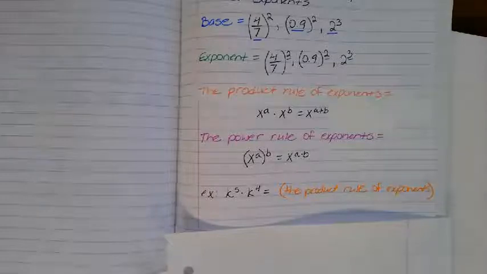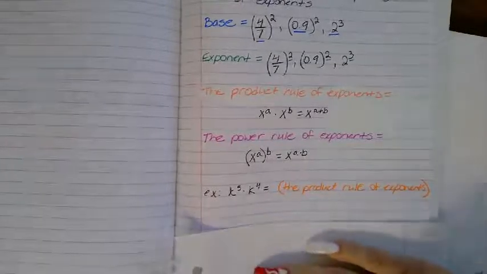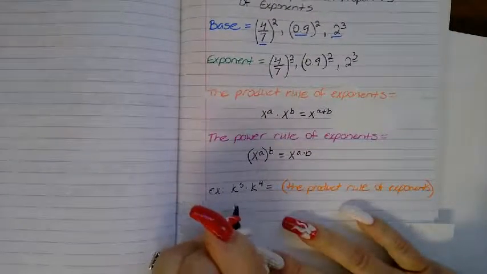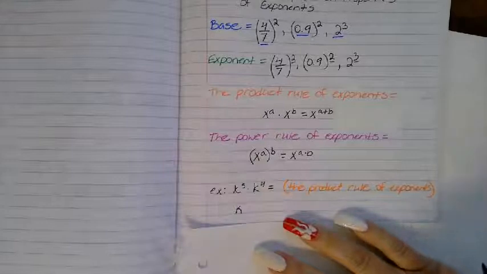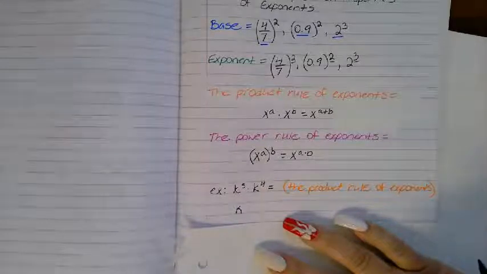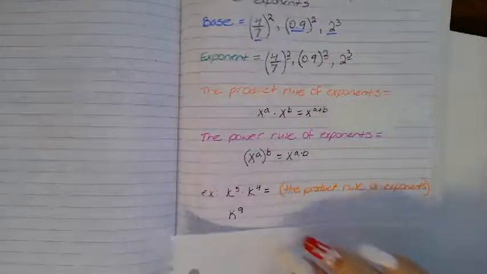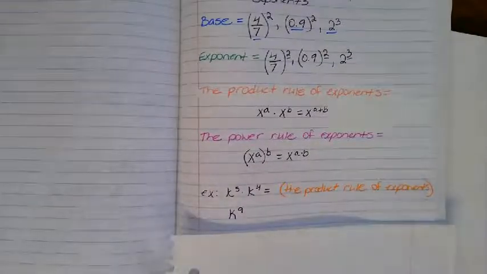So remember, a lot of you will probably get this one quick, but our k is the same, right? The same base. So it's going to stay k. And then we add the exponents. So it should be k to the 9th power.